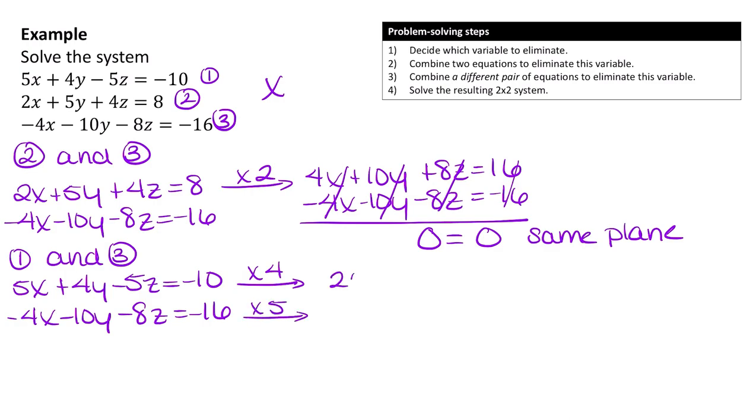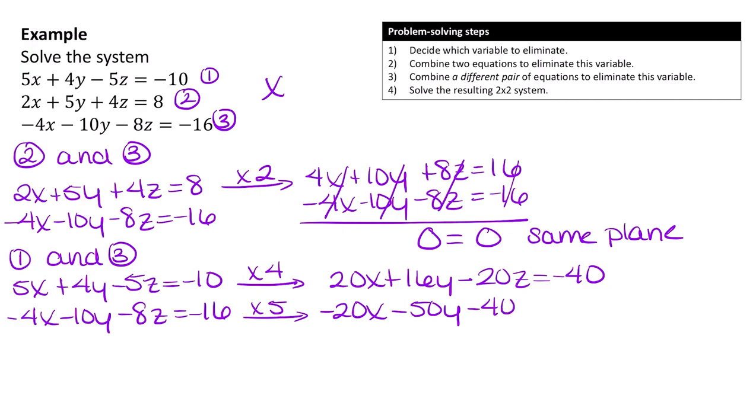That gives me 20x plus 16y minus 20z equals negative 40. And now I'm going to multiply everything in my bottom equation by 5, and that gives me negative 20x minus 50y minus 40z equals negative 80.